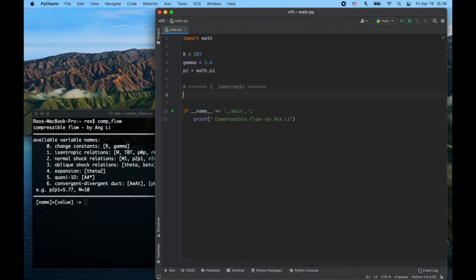So for isentropic relation, we will define Mach number to POP, ROR, and TOT. We take the argument to be the Mach number. And we write down the formula for these three ratios. So this one is gamma minus 1.